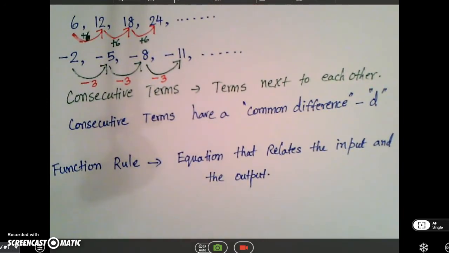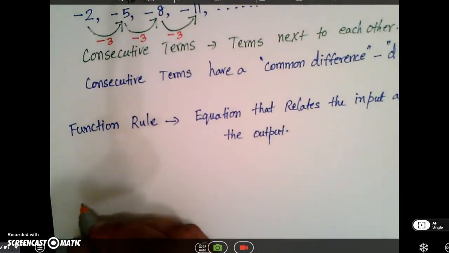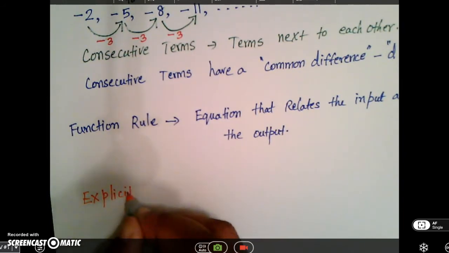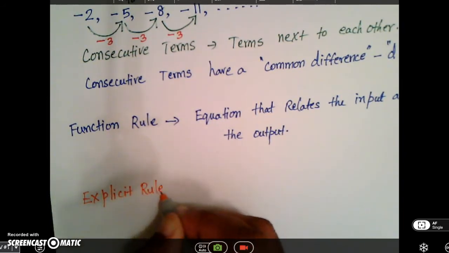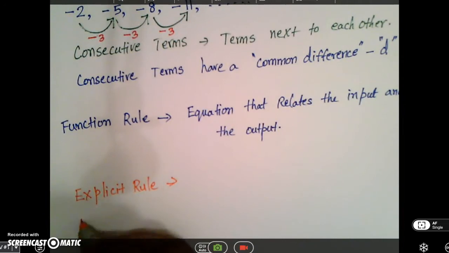For sequences, we could write two types of rules. One is an explicit rule. The other is a recursive rule.